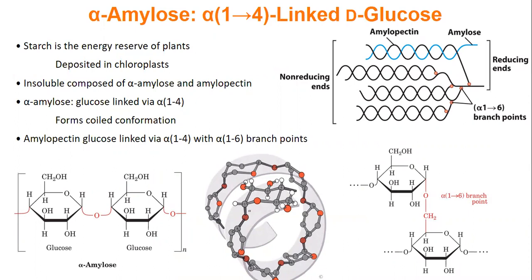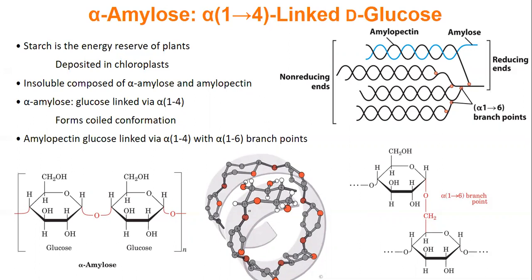Amylose makes up one part of the energy storage of plants, it makes up starch. And starch is what we eat. Starch is made out of two things, amylose and amylopectin.